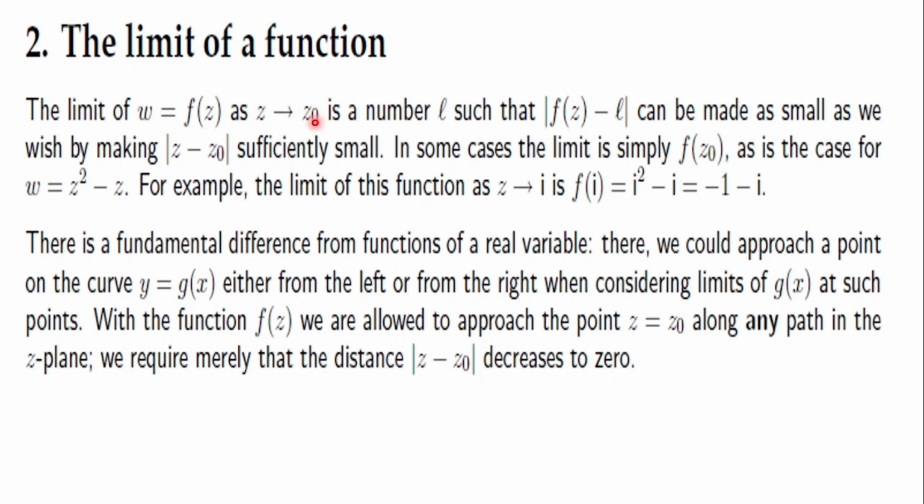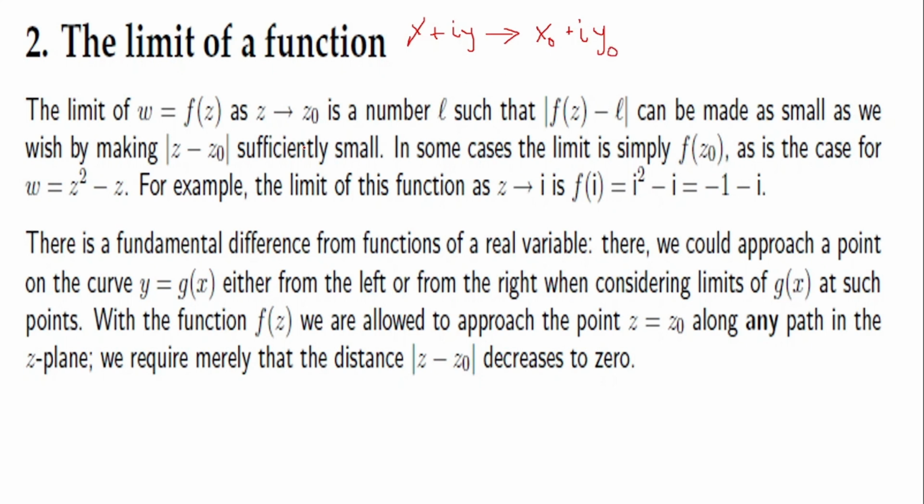This one here is x0 plus iy0. What is the meaning of this? This small thing that you see here is x plus iy going to x naught plus iy naught.